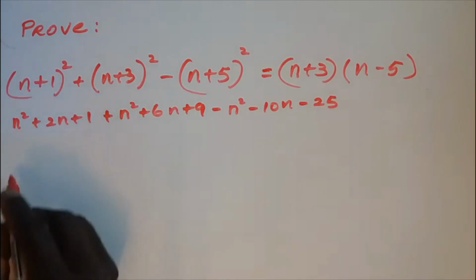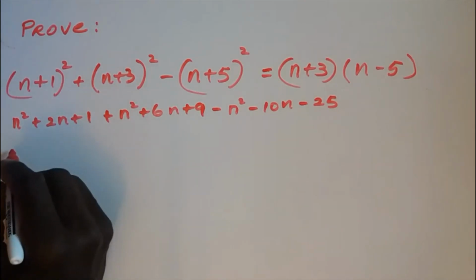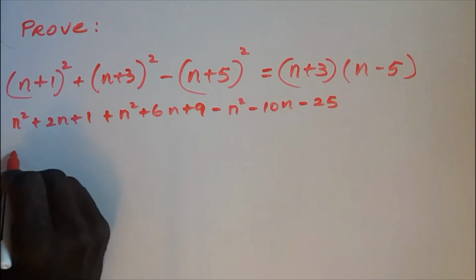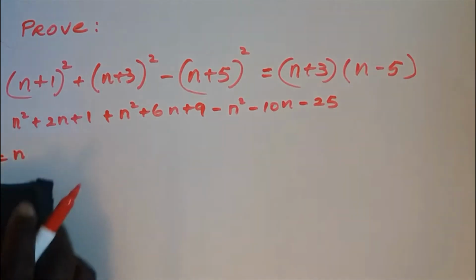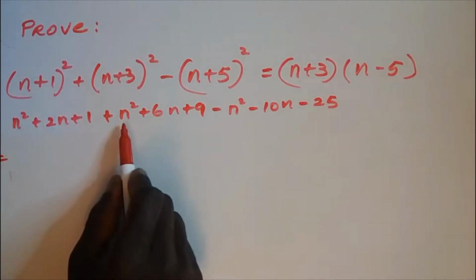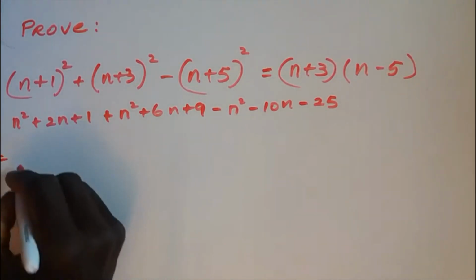left-hand side. We've expanded. Now we'll simplify this, bring together all the n squares. We have how many n squares? 1, 2, take away 1, which will give us just n squared.